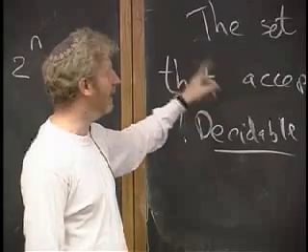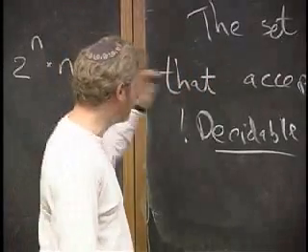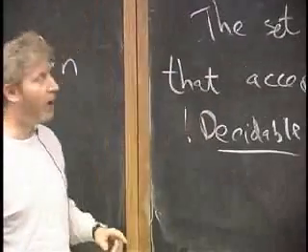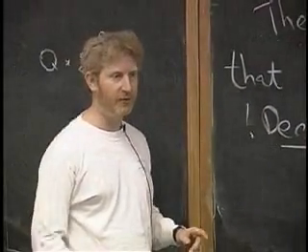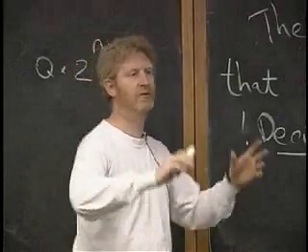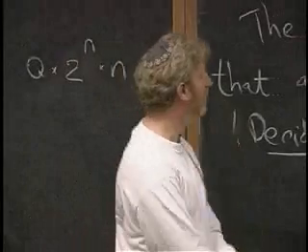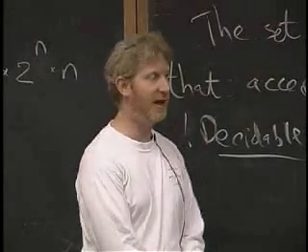So let's assume that there is. Let's assume that one of you comes up with an S of n equal n machine that can decide, yes or no, whether other S of n equal n machines accept themselves. It accepts the ones that accept themselves and doesn't accept the ones that don't accept themselves. Is there a machine that does that? I'm going to convince you there isn't, and it's this diagonalization proof.